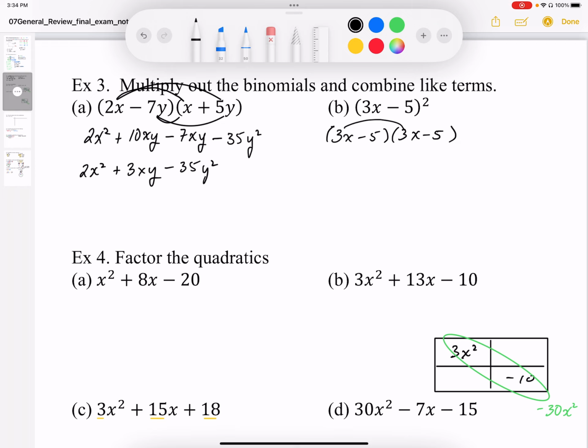So first, 9x squared, outside, negative 15x, inside, and then last, negative 5 times negative 5 is positive 25. Again, the middle terms are like terms, so we combine the like terms into 30x and then plus 25.